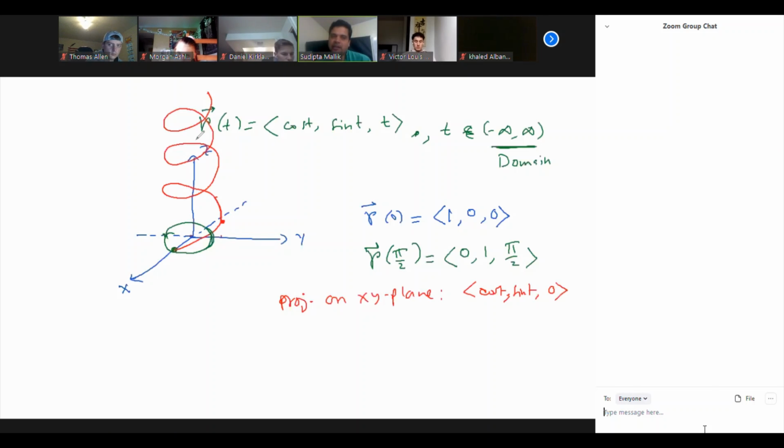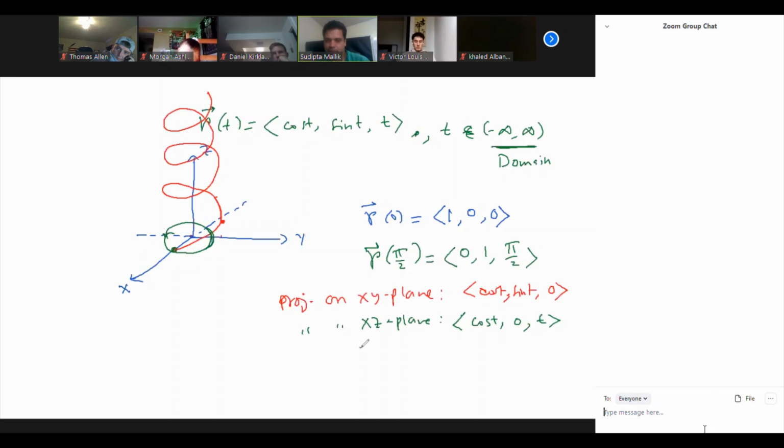If you do the shadow of this curve, that's going to be a circle. But now it will be a little bit more complicated if you do the projection on the xz and yz planes. So the projection on the xz plane would be, that means you make y equals 0.